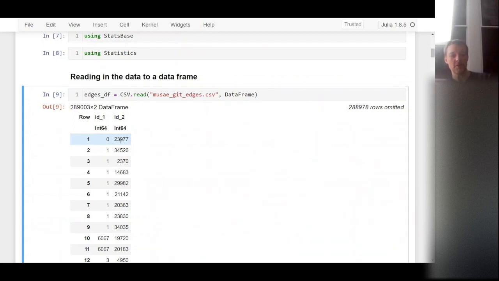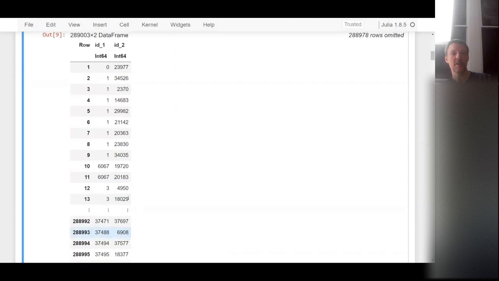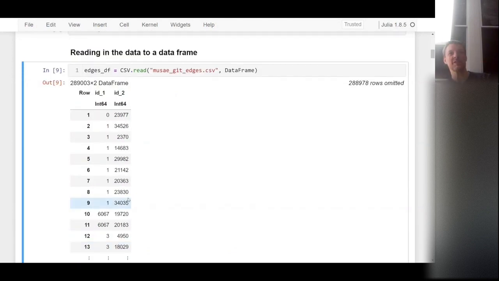What is important to remember is that mostly those numbers go from a smaller number to a larger number, but not always. Sometimes it's from a larger number to a smaller number. But we remember that in our case, it doesn't matter. Why? Because we said that an edge is a mutual relationship. So if I write 1, 2, it's the same as writing 2, 1, because this is a mutual relationship. So now we have read in the edge information for our graph.